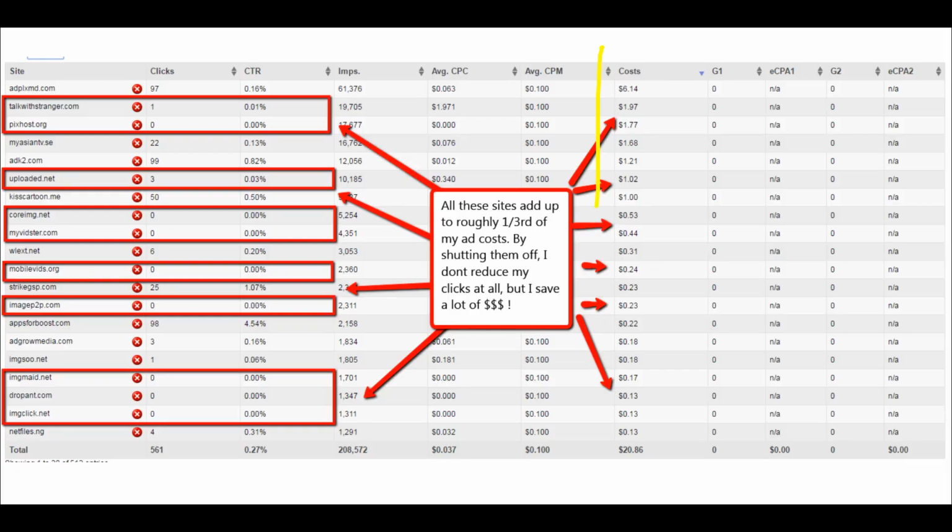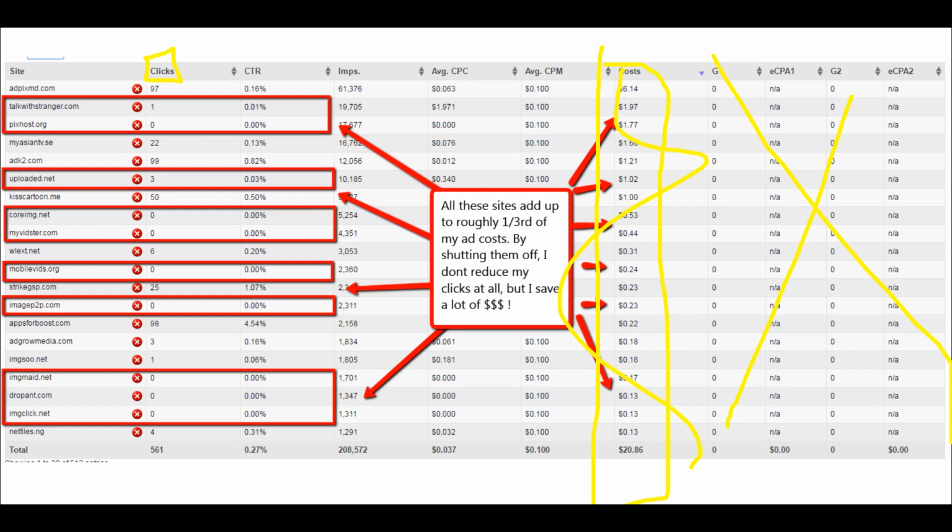So here I am with all this $20 worth of spend. Okay, what I'm looking at, because I don't have any conversions yet, we can see there aren't any conversions here because I haven't gotten any sales from this advertising. So the only metric I can actually look at is clicks. And within that, what I want to optimize for is the cheapest cost per click.